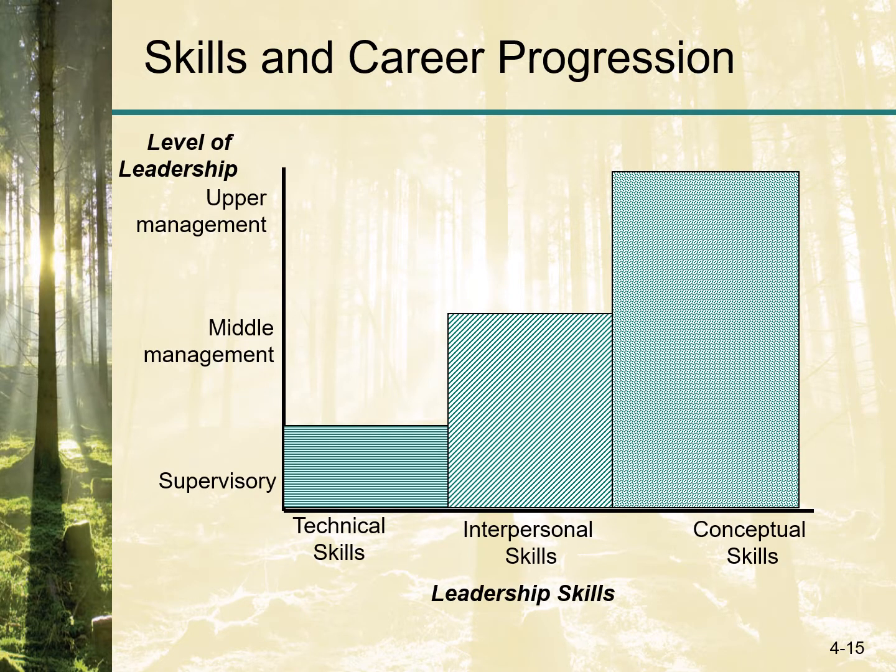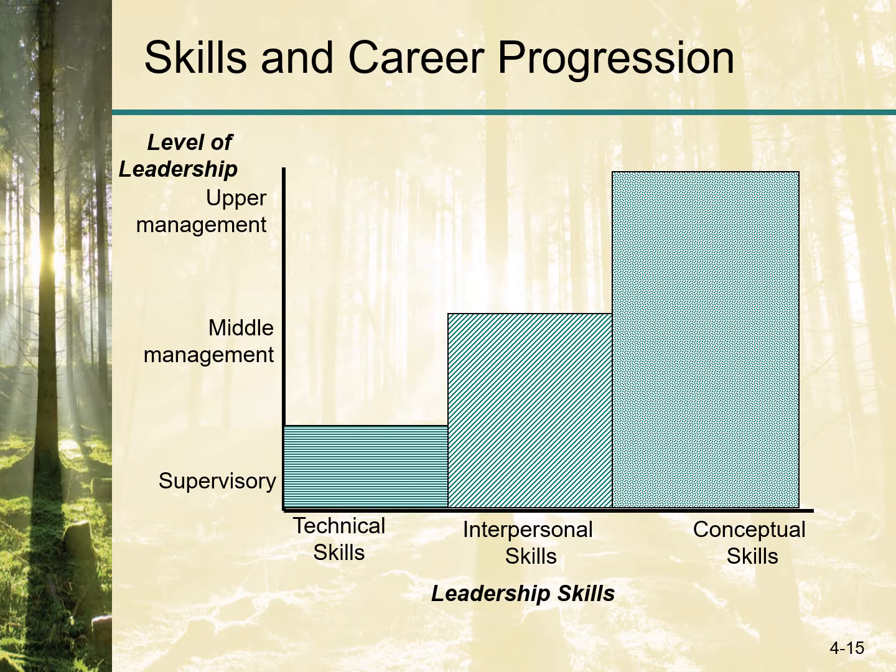This chart you're looking at is consistent with what I just said in the last slide, which is as you progress up the hierarchy in an organization to positions of greater and greater responsibility and power, you move from being someone who focuses on technical skills at the supervisory or entry level to somebody who's in a middle level management position, who's focusing less on technical skills but still some on them, more on interpersonal skills and somewhat on conceptual skills.